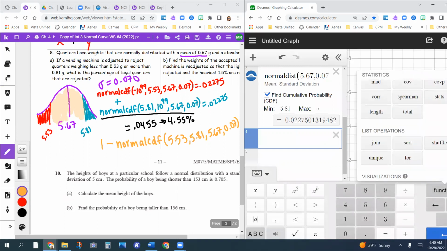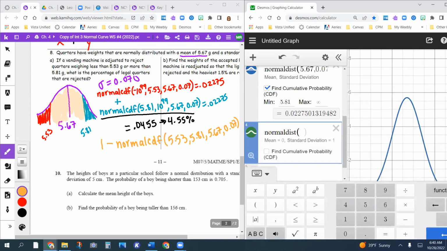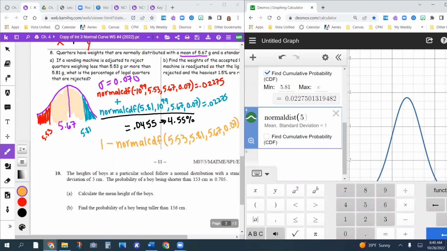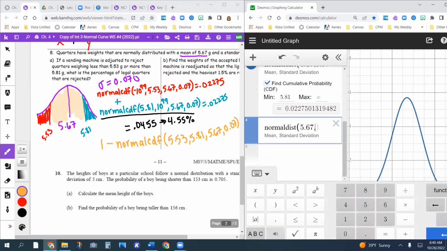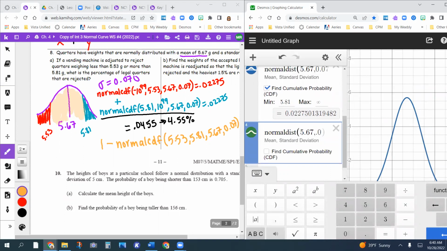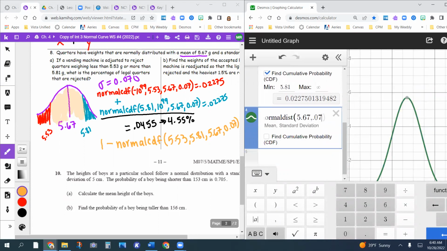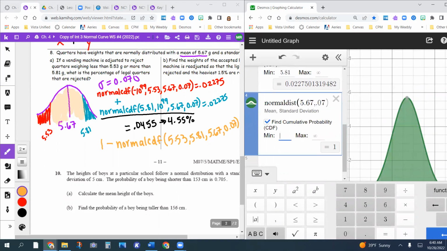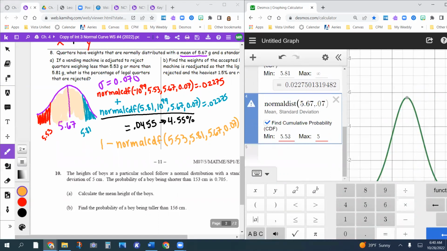So if I did that instead, okay, and I did a normal distribution, again, 5.67, 0.07. And for my cumulative, I'm going from 5.53 to 5.67.